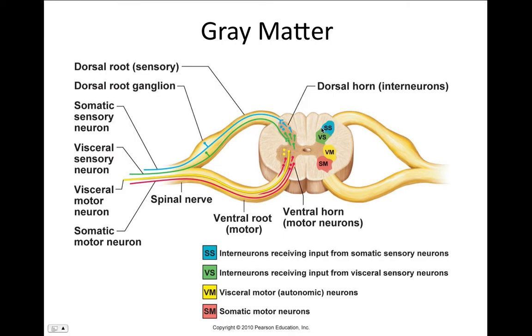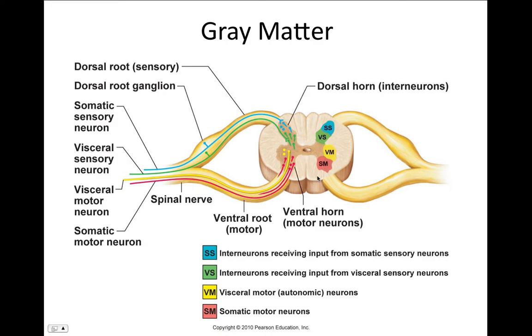Whereas visceral sensory, which is VS, is going to relay information from the organs. So that would be from the stomach or the intestines or the lungs. And so now you have communication into the spinal cord, and that can relay either reflexes out or just relay information up to the brain to process that information.